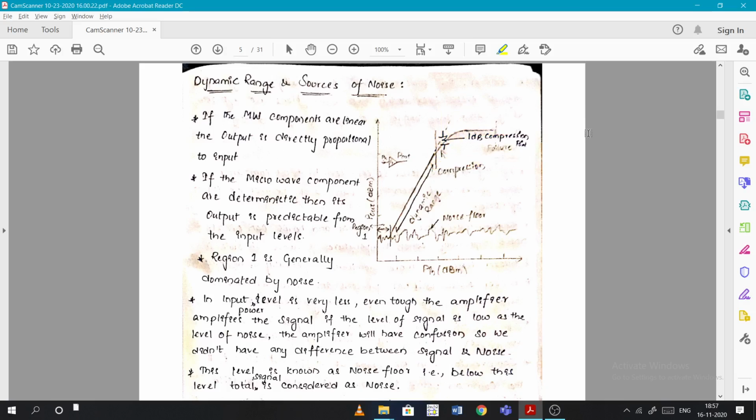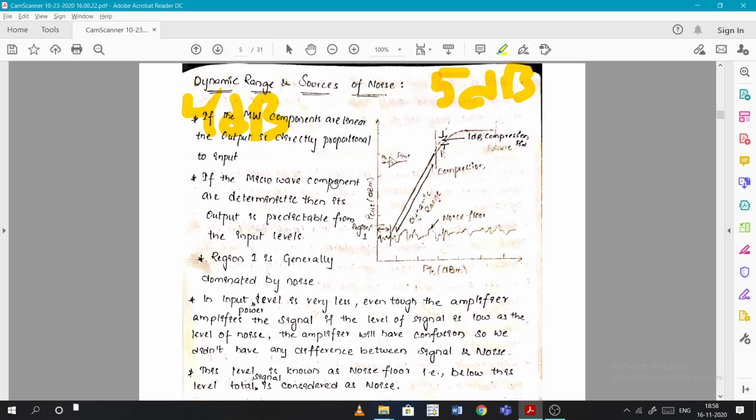The point at which it gets deviated, we call the compression point. Basically we call it the 1 dB compression point. So why is it called the 1 dB compression point? Because, for example, let us take an input of 5 dB, but we are getting an output of 4 dB.